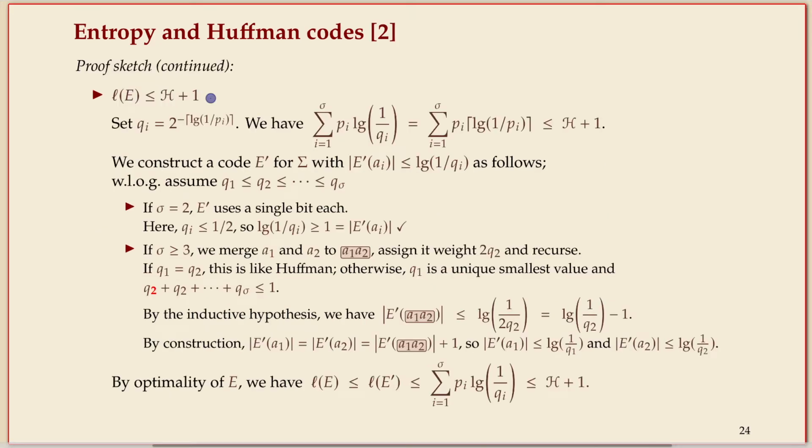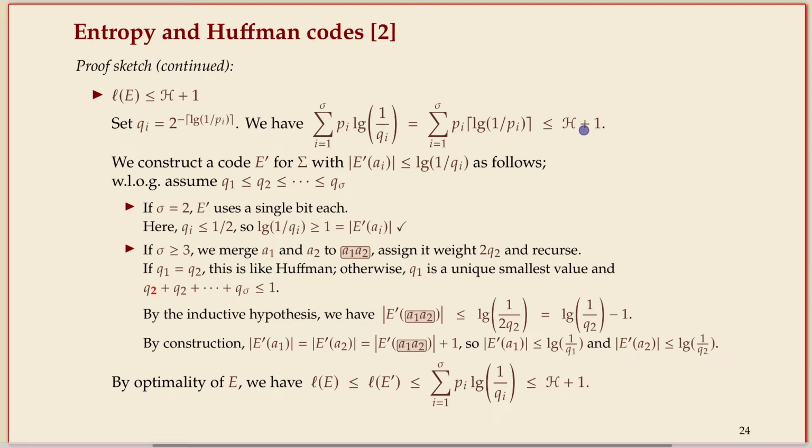And the other part is they're never worse than the entropy plus 1. For that, you do something that Huffman could do. So you take log of 1 over pi, which is the ideal length, but it could be any real number, so you round it up. And you can show that there's a code that has these lengths as the code word lengths.